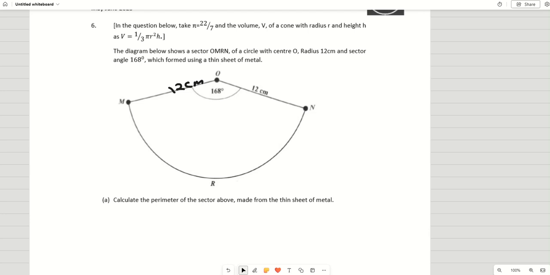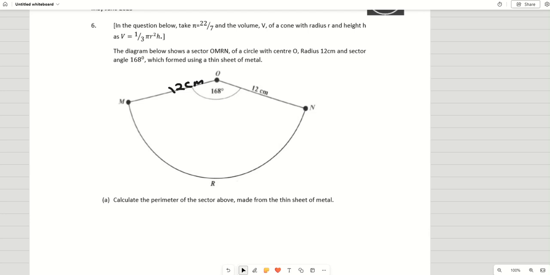So first off, how do we find perimeter? We know perimeter is the distance around an image, and there's no formula that says what the perimeter of a sector is. They give you the formula for the length of an arc.